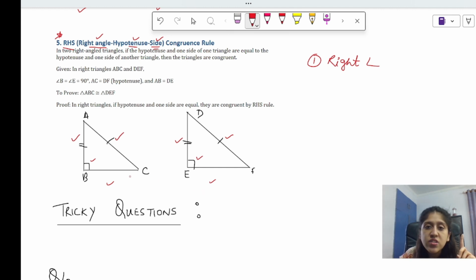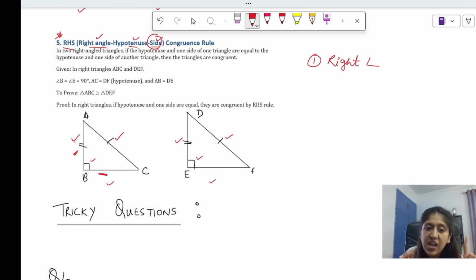What does rule say? This side, ये side का मतलब just ये है, a side which is connected to the 90 degree, मतलब ऐसा side जो इस 90 degree से भी connected हो और hypotenuse से भी connected हो. If we see, BC side is also connected to both of them and AB side is also connected to both of them. Any side can be equal for both the triangles.